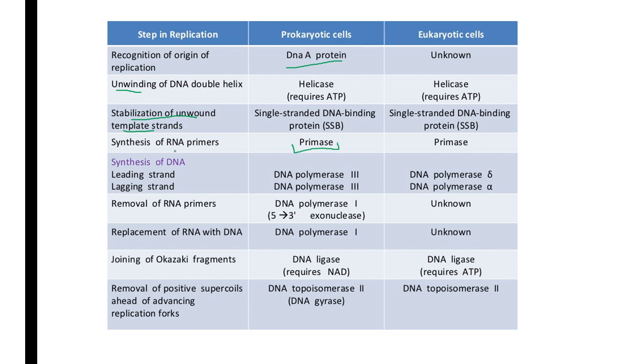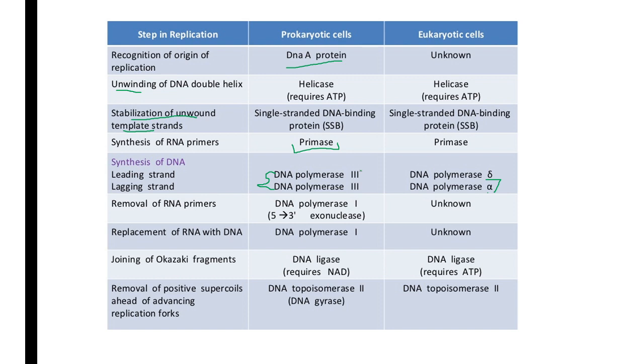Then about the synthesis of leading and lagging strand. DNA polymerase helps in synthesizing the DNA leading strand as well as the lagging strand. In the case of eukaryotes, the leading strand is done with the help of delta and the lagging strand with alpha.